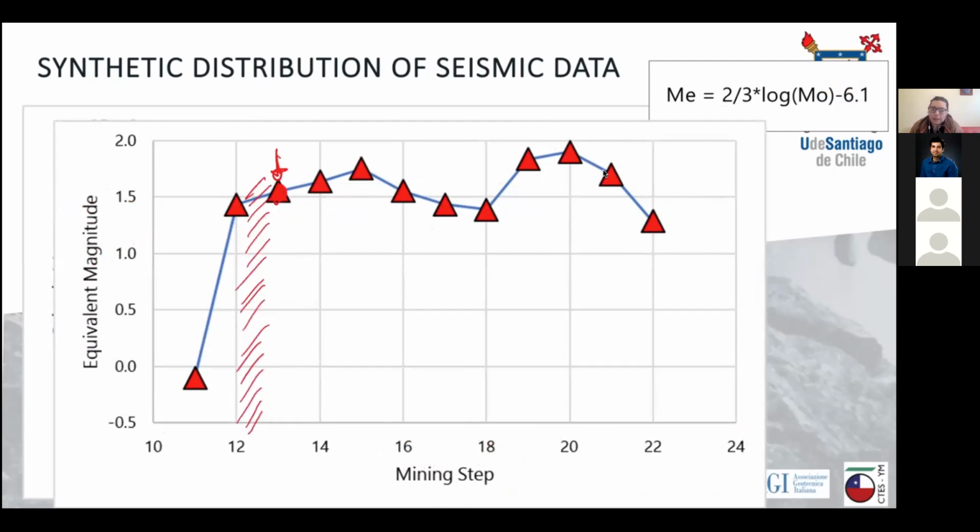Now we know that we don't get one very large seismic event in the year. What we get is several seismic events, a lot of very small seismic events, and very few very large events. It's not just one, it's a distribution of seismic events.